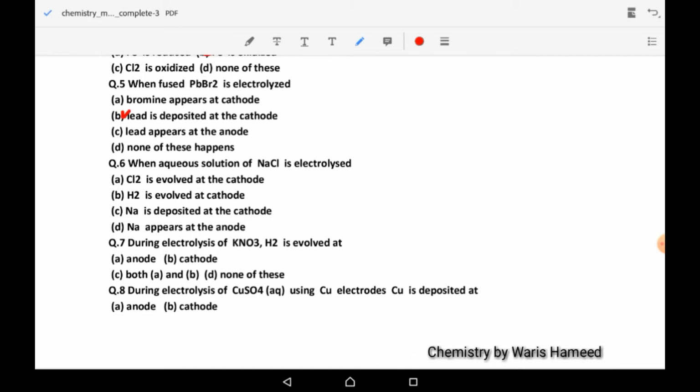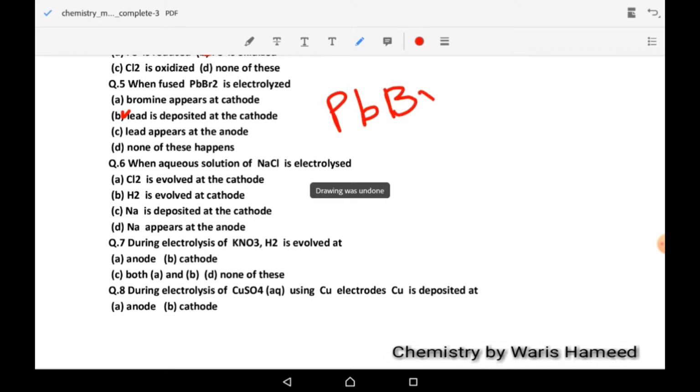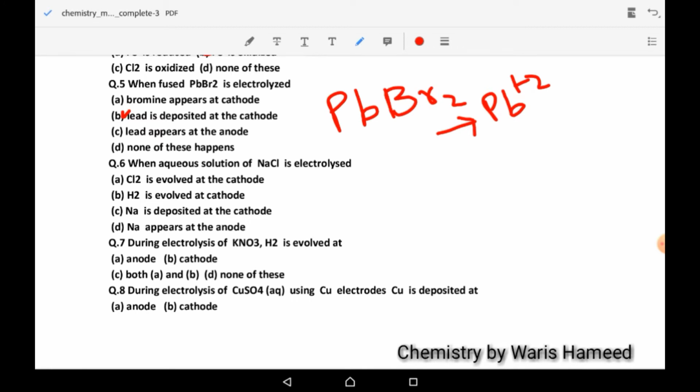When PbBr2 ionizes, there will be formation of two types of ions. First are the Pb+2 and second are the Br negative. Pb+2 positive ions will move toward the cathode. So we can say that lead will be deposited at the cathode.